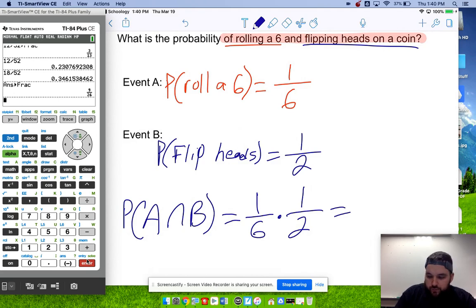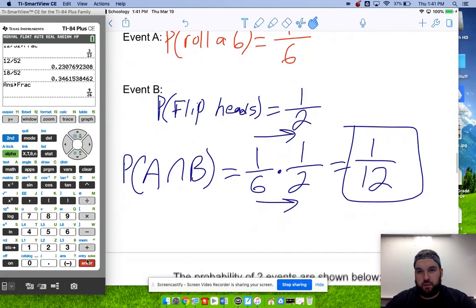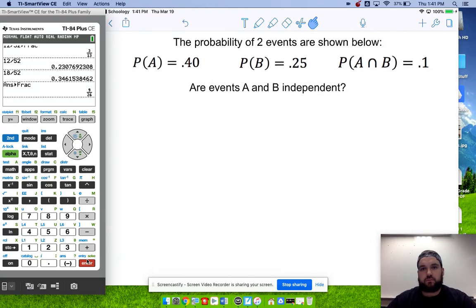You can use the calculator for this, but multiplying fractions is just go straight across the top and multiply straight across the bottom. So this ends up being 1/12. That is the probability of both rolling a 6 and then flipping heads on a coin. So that's how we can use that independent event equation.